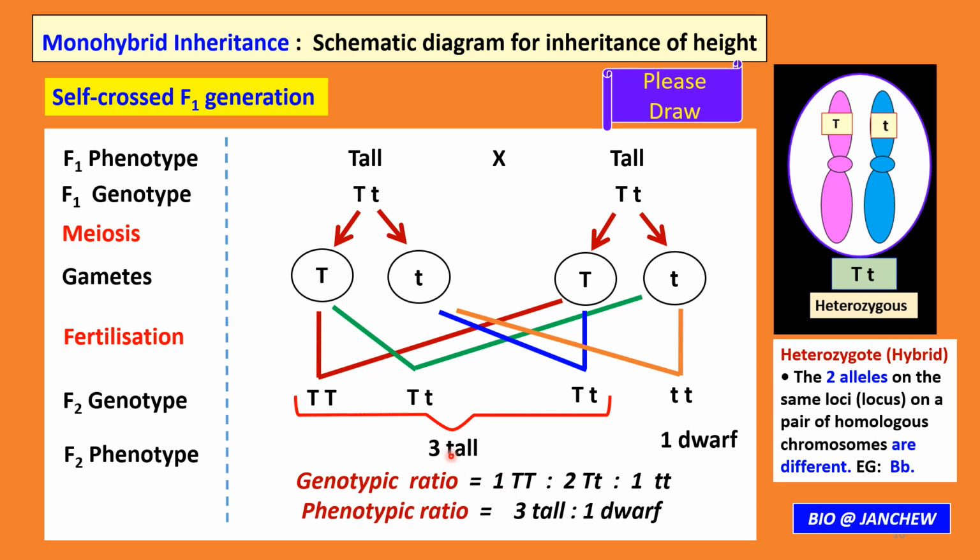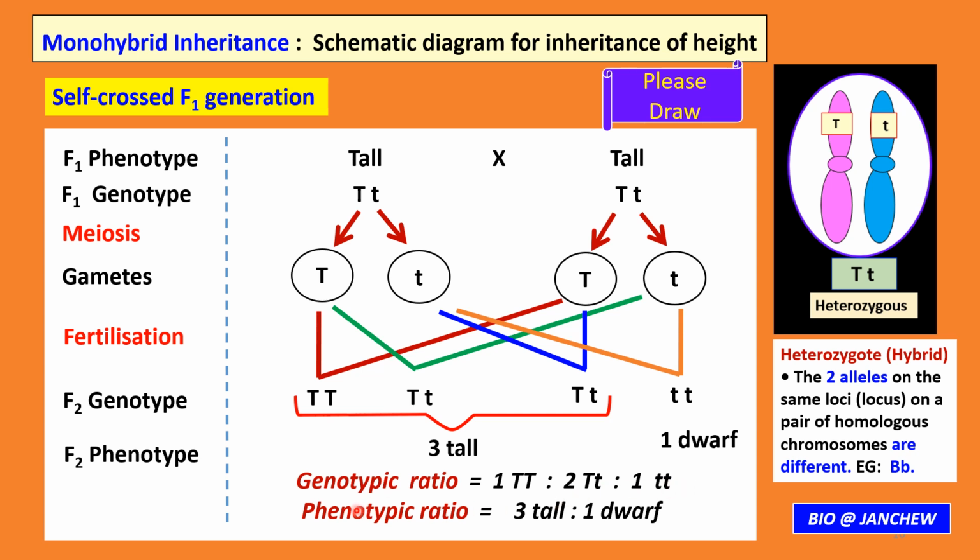So the first one is one big T big T, and then for big T small t there are two. This is the hybrid plant, and then small t small t there's one. In other words, there's one homozygous dominant plant to two heterozygous plants to one homozygous recessive plant.